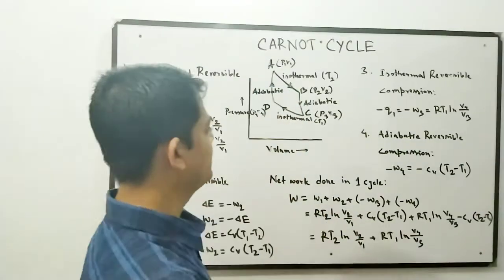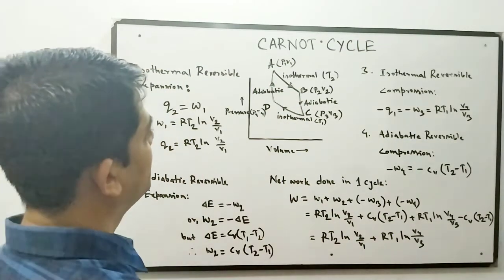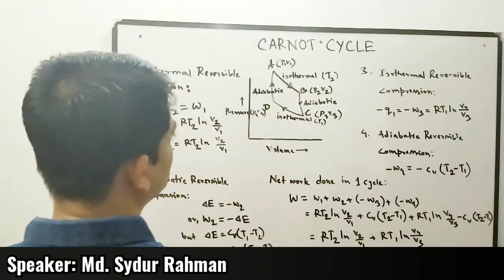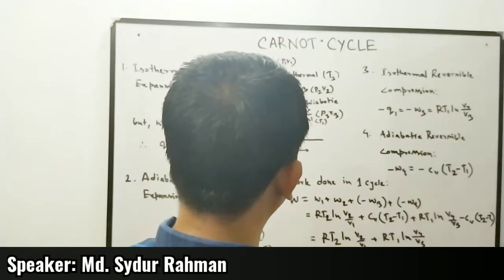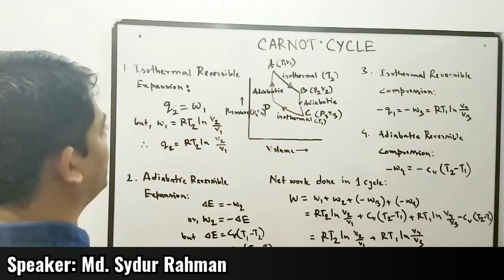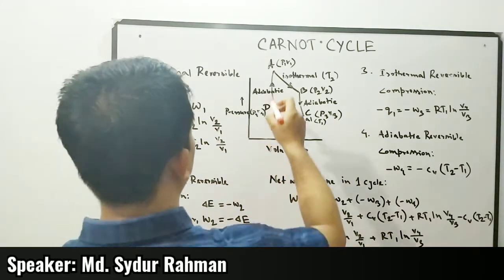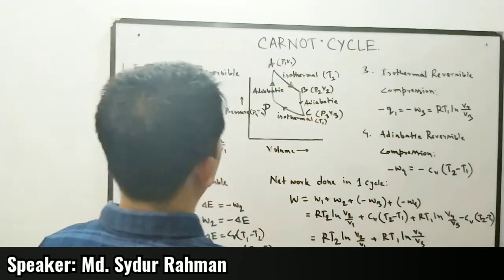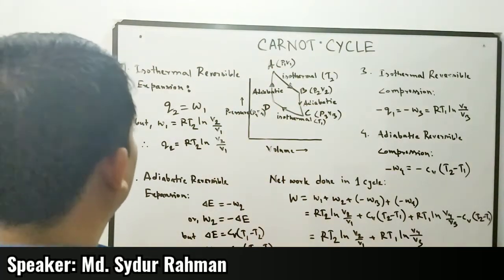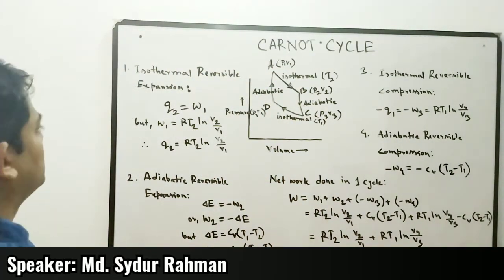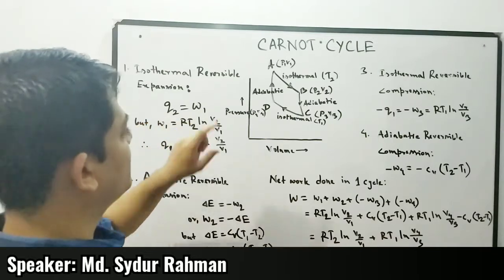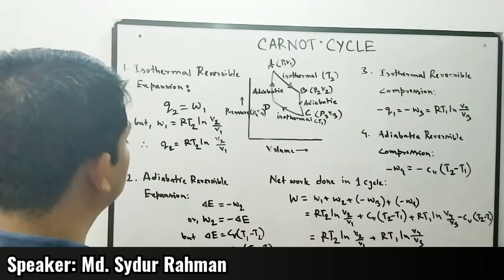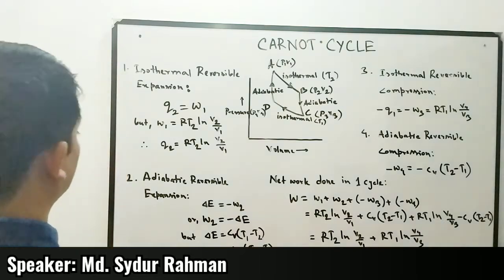Let's consider a gas enclosed in a cylinder placed in a reservoir at temperature T2, and the initial pressure and volume of the gas are P1 and V1. Now the gas is allowed to expand isothermally from A to B, and by this expansion we get Q2 = W1, where Q2 is the absorbed heat of the system.